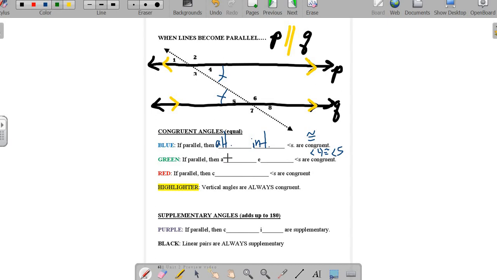When lines become parallel, alternate exterior angles are congruent. Alternate exterior would be, for example, angles 2 and 7, opposite sides of the stir stick outside the lines.